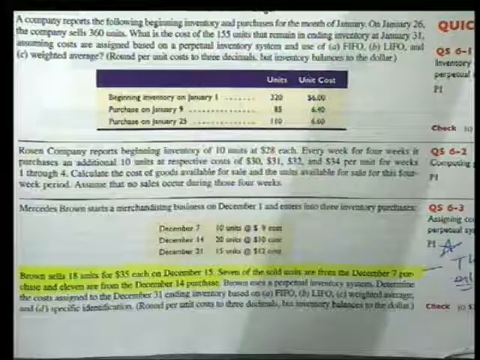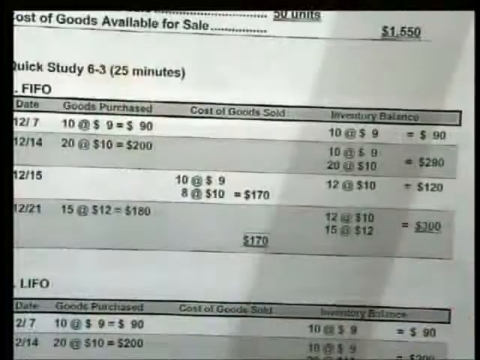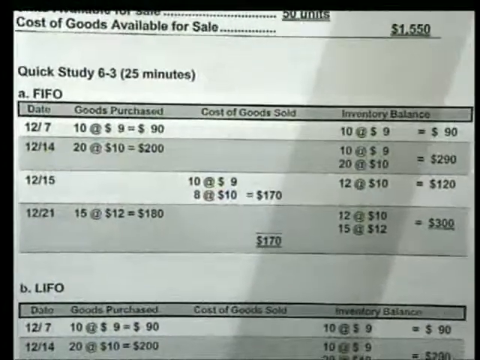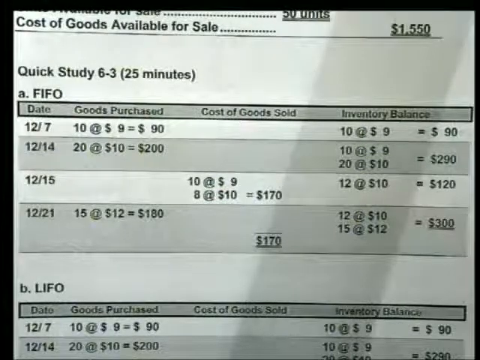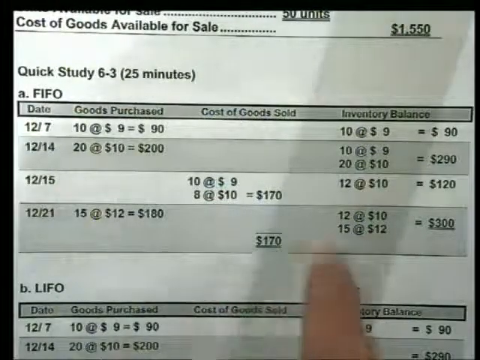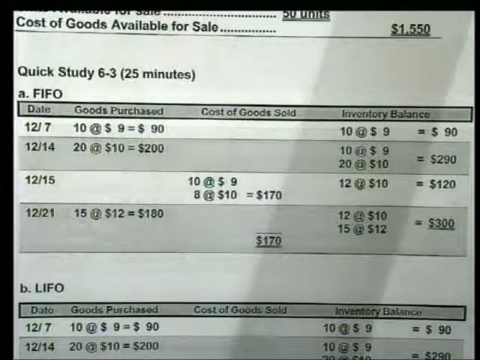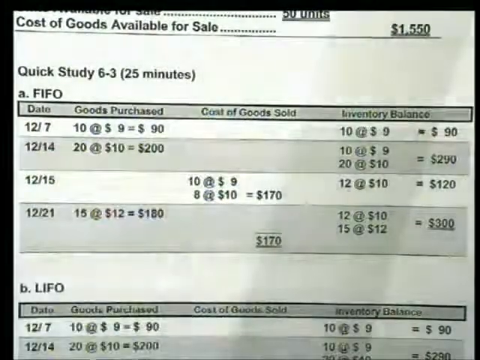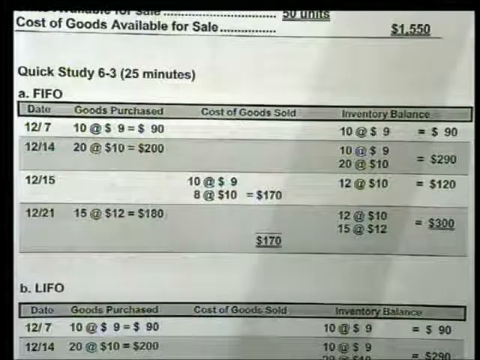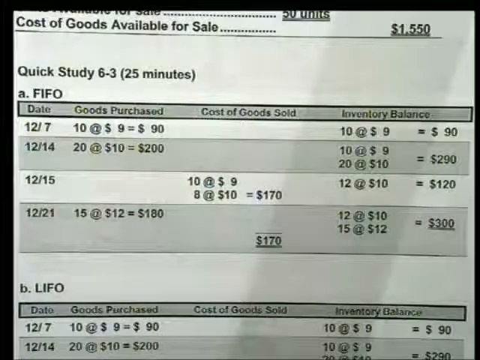So, let's take a look at these answers. I'm not going to read through that detail. You have it in your book. Okay? All right, let's take a look at FIFO for Quick Study 6.3, first of all. And I want you to check your answers. Make sure you got the right numbers. I'm happy to answer questions, but I think at this point, hopefully you're getting it. Okay?